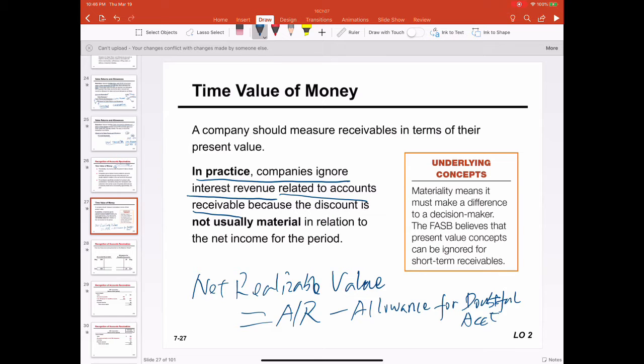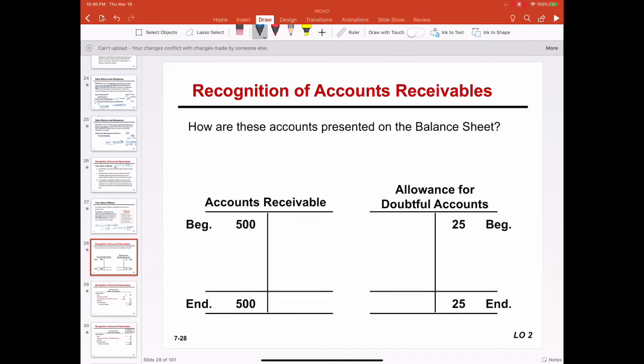Now let me introduce some journal entries which are relevant to accounts receivable recognition. Here we have the beginning balance of both accounts receivable and allowance for doubtful accounts.